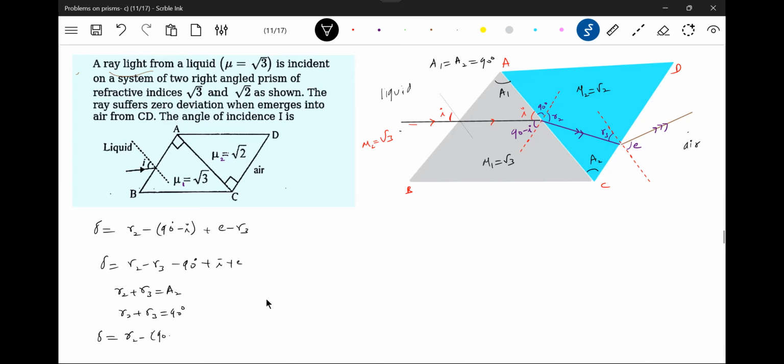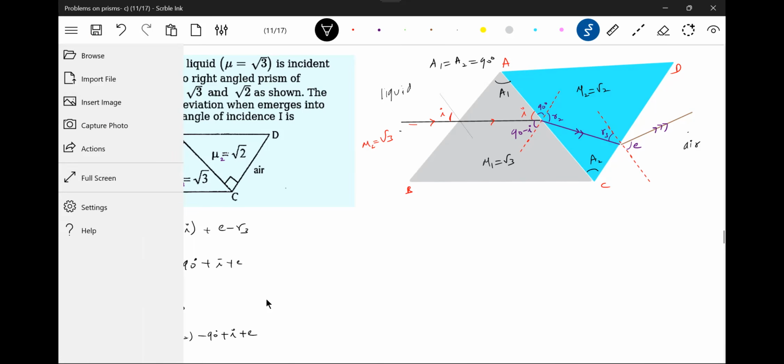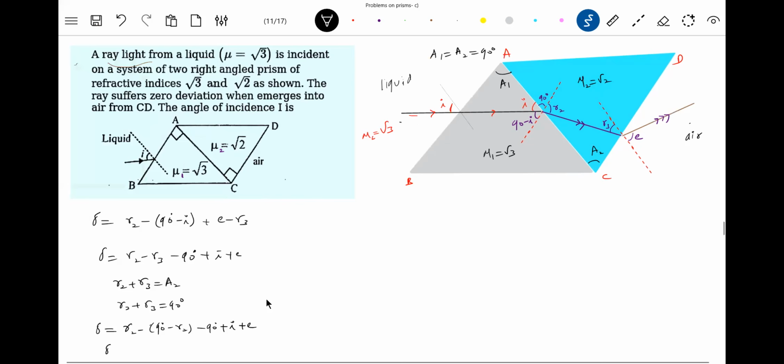This will be 90 minus R2 minus 90 degrees plus I plus E. So the deviation will be 2R2 plus I plus E. Let this be equation 1.